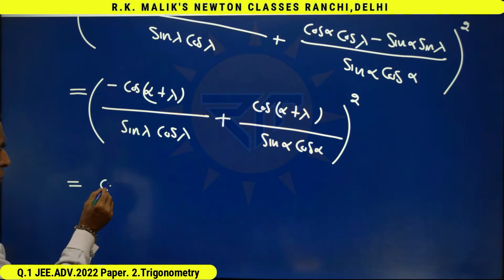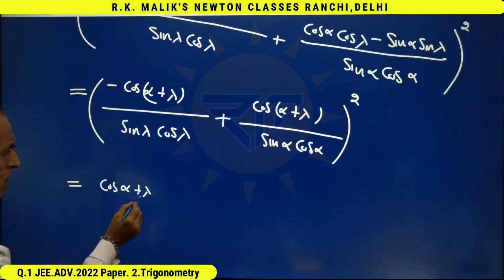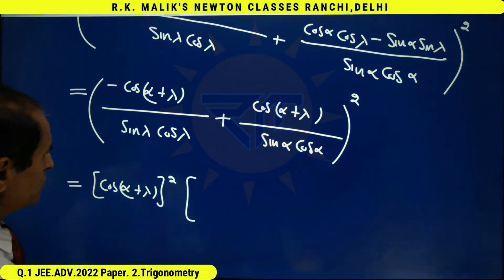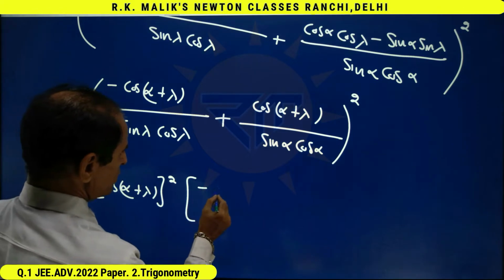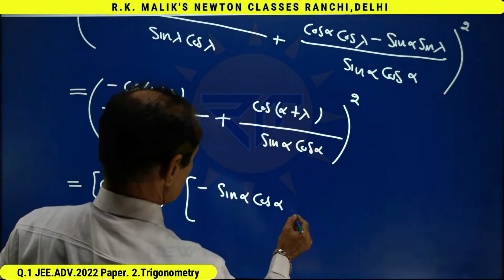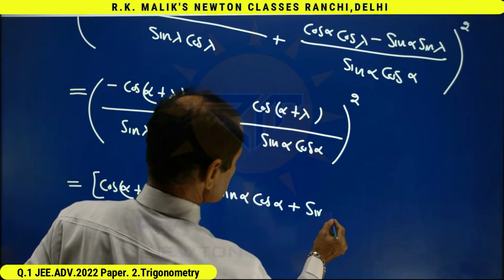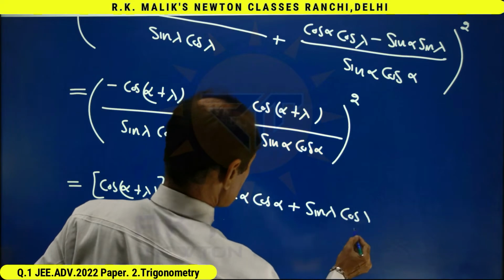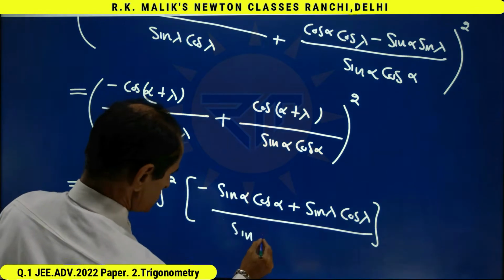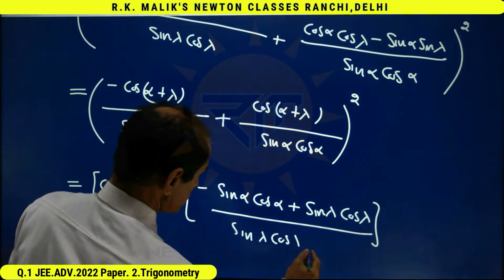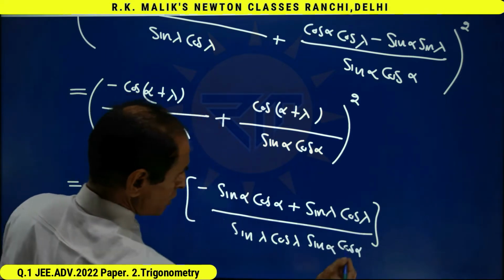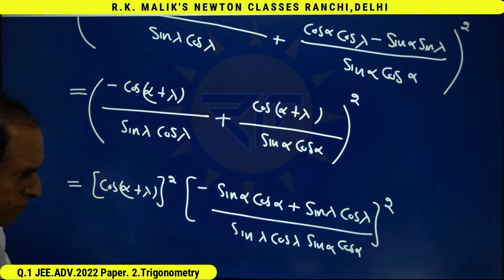This is equal to cos(alpha plus lambda) whole square into minus sin alpha cos alpha plus sin lambda cos lambda upon sin lambda cos lambda sin alpha cos alpha whole square.